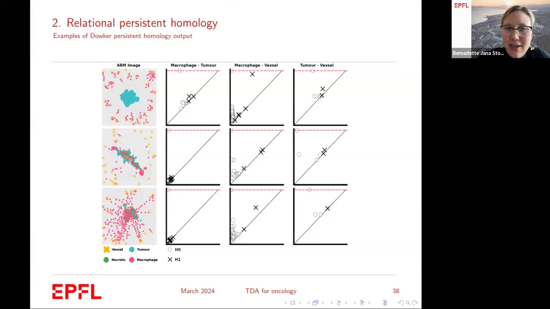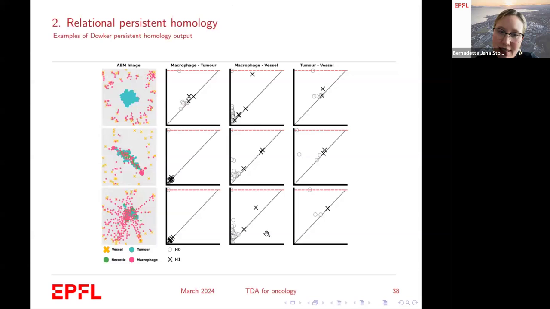To show you some examples of these persistence diagrams and what they capture, we have 3 different images here, and then the 3 different combinations of cell types over here. For example, here in the macrophages versus blood vessels, we have one persistent feature showing up in dimension 1, and this corresponds to this shared loop between the macrophages and the blood vessels in this particular image.